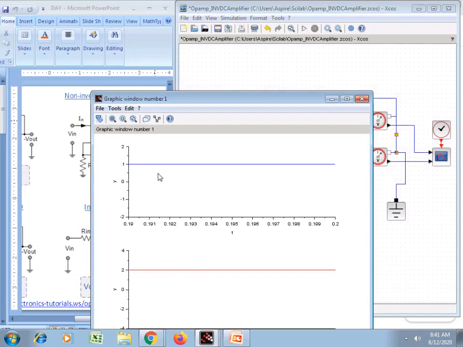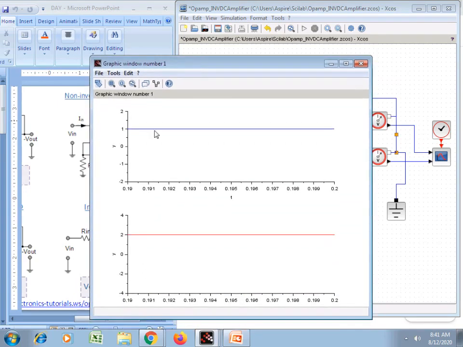So this is the input, which is 1 volt DC, and this is the output for the non-inverting amplifier. As its gain is 1 plus RF upon RI, and RF and RI are the same, the ratio is 1, so 1 plus 1 is 2, so the gain is 2, therefore the output is 2.